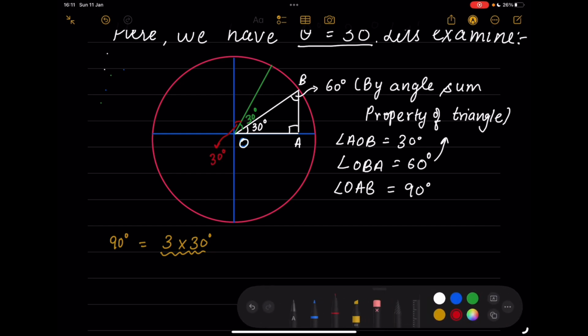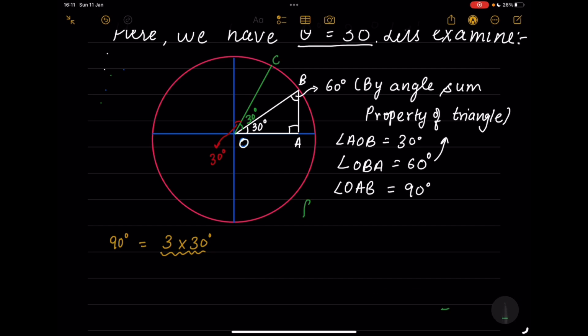Then I label this point as C. So from C, this is your x-axis, and this is your y-axis. So from C, dropping a perpendicular on y axis.